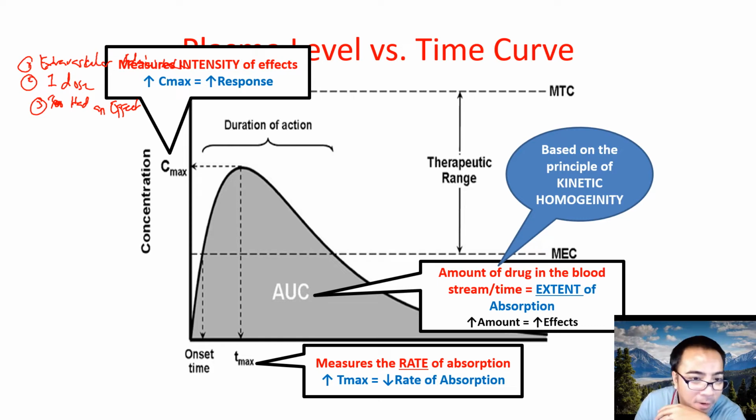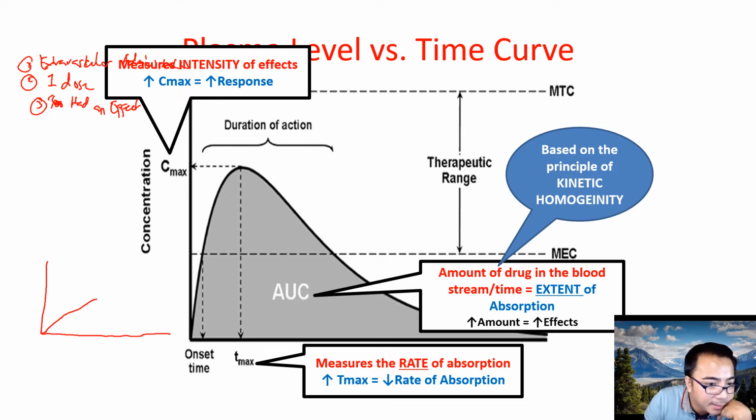Okay, like say for example, guys, let me give you an example. Let's have here a plasma level time curve. Here is drug A. Ito yung kanyang Cmax. Now, wherever the Cmax is, class, look at the x-axis, yun yung kanyang Tmax. Tmax kasi, class, measures what time it took for the drug to reach the Cmax, or the highest amount of drug absorbed.